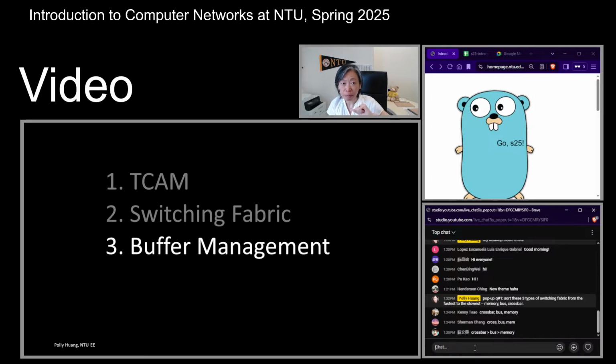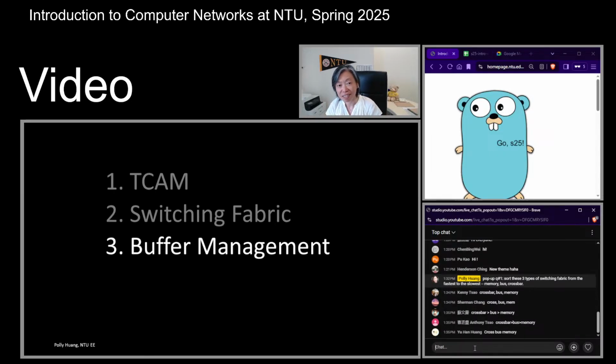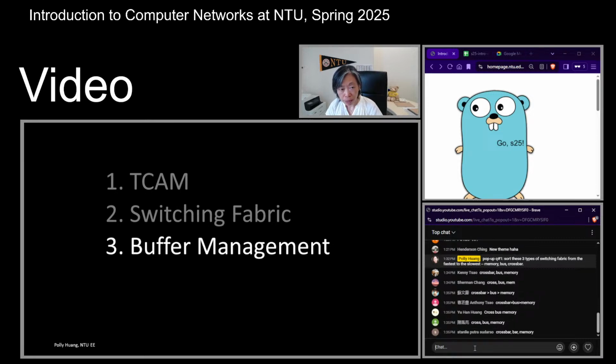And the next topic is called buffer management, because a router is where we buffer packets, and there are actually multiple places in a router where we buffer packets. Buffer management is a huge topic. In this coming video, you will hear Polly give a very high-level overview of buffer management and introduce a problem called head-of-line blocking.